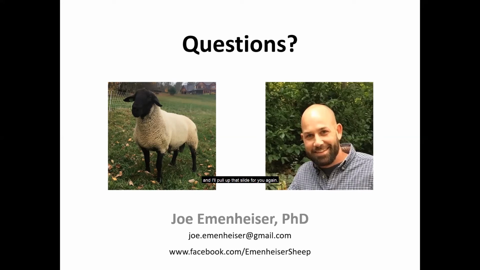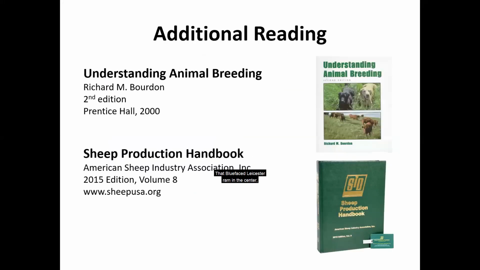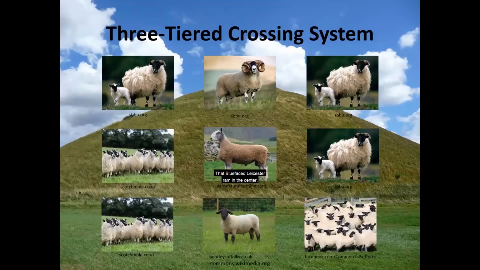Okay. Now, again, it can still be a problem, but that's one of the reasons why in the three-tiered system that I showed, and I'll pull up that slide for you again, that blue-faced Leicester ram in the center is a very angular, long-bodied ram with a long front, a long, narrow head, and just a lot of angularity and femininity.